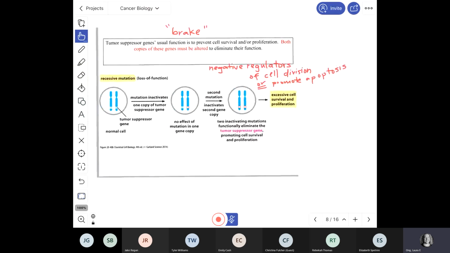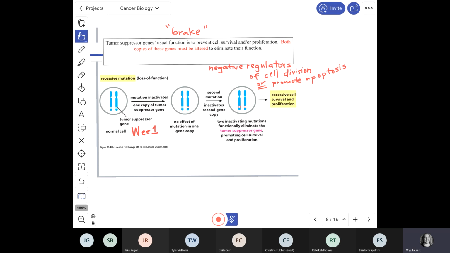Because these are brakes, you have to lose both copies of them to get cancer to be more likely. So, say normally we have We1 as an example of this. We1 is a tumor suppressor gene, and we'll see a picture of that in a few minutes if you've forgotten.